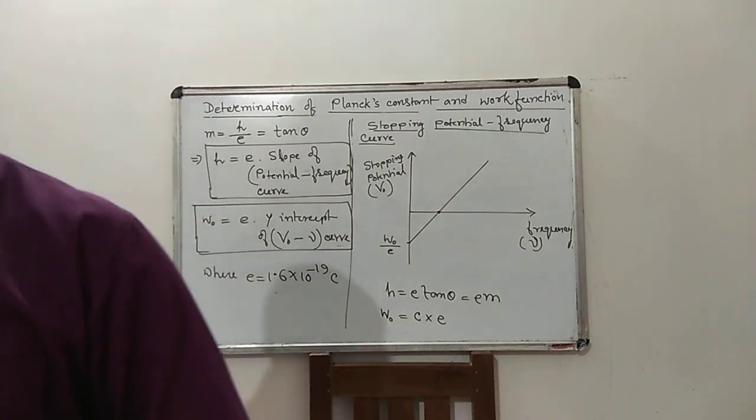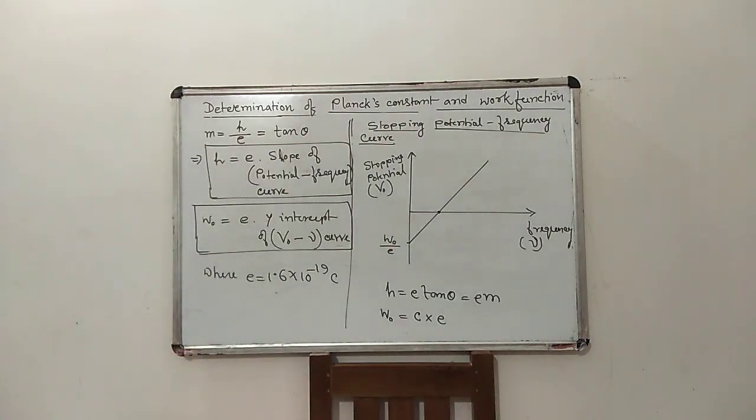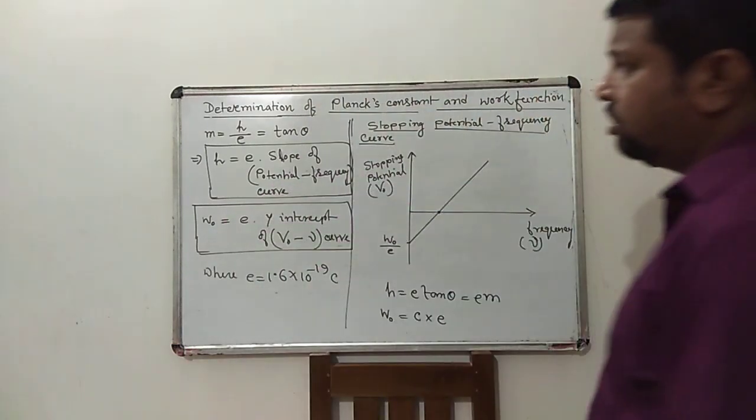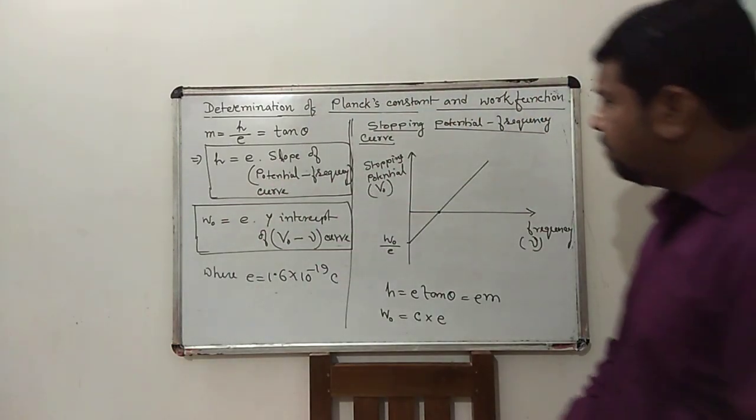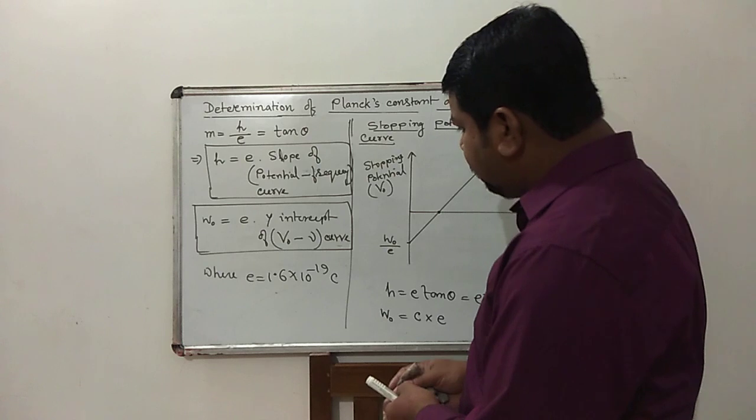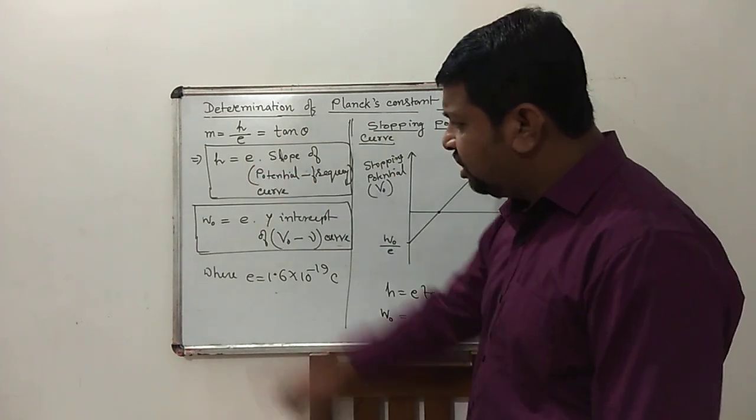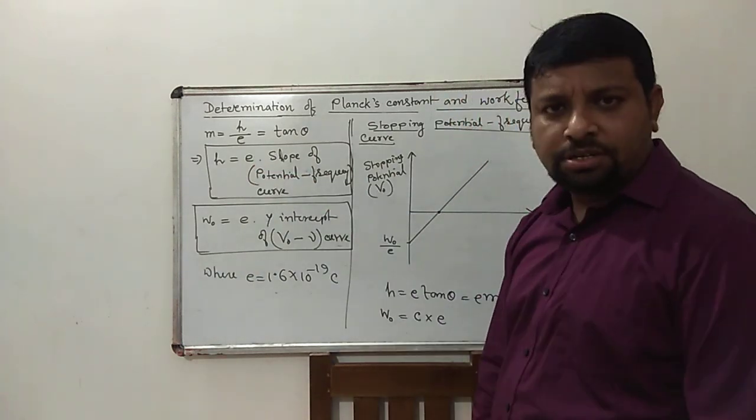Okay, so from these two equations we can determine the value of Planck's constant h and the work function W naught.